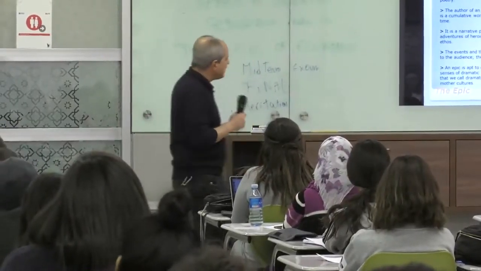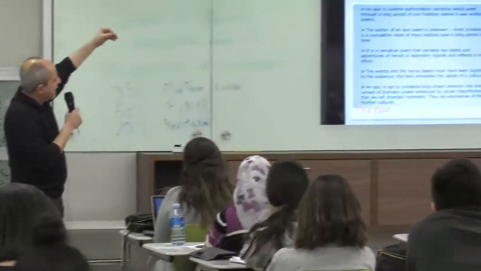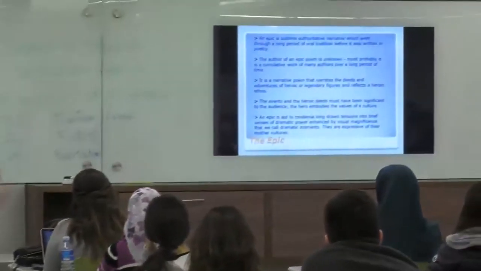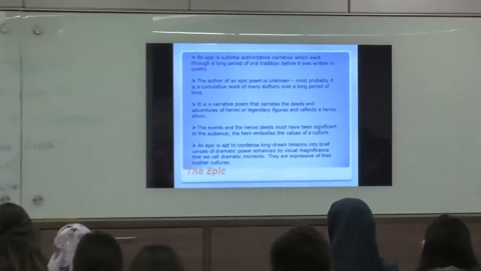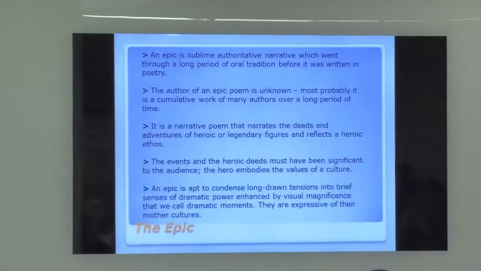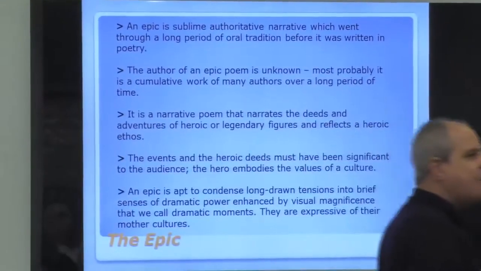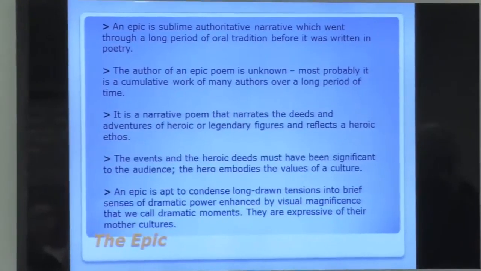Now, who is a hero and what is an epic? Let me read with you. An epic is a sublime, authoritative narrative. It's a narrative, but it's a narrative in poetry. It's a long narrative in poetry, and it tells us about the glory of a certain hero.